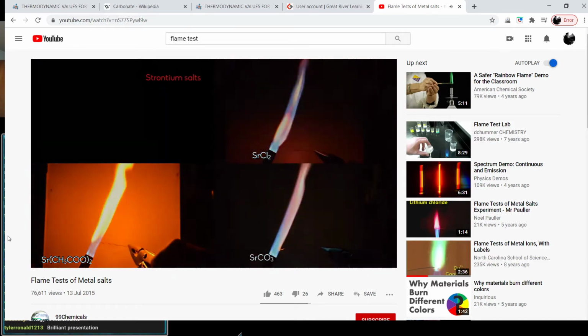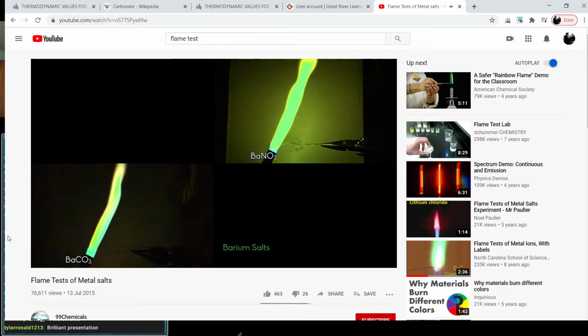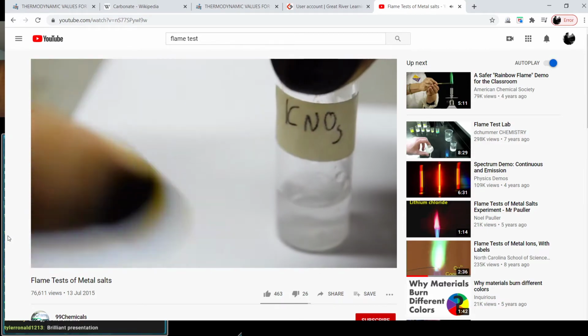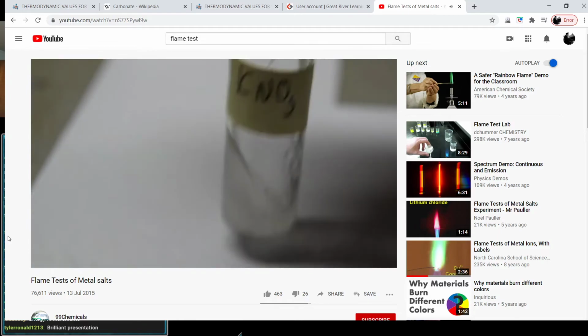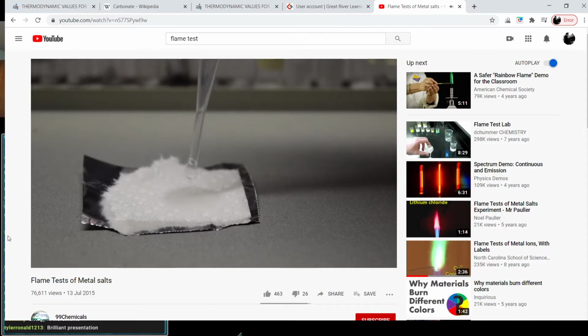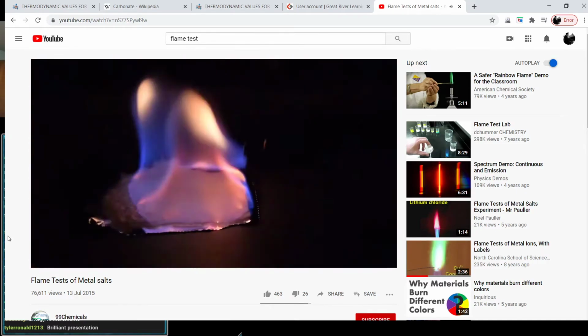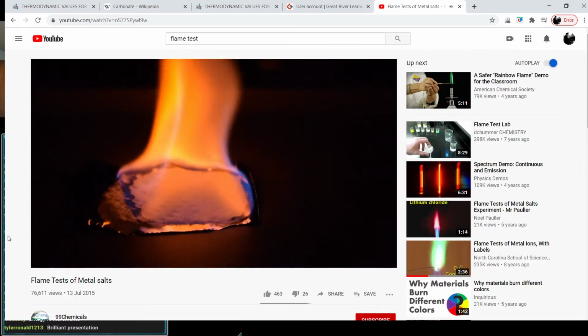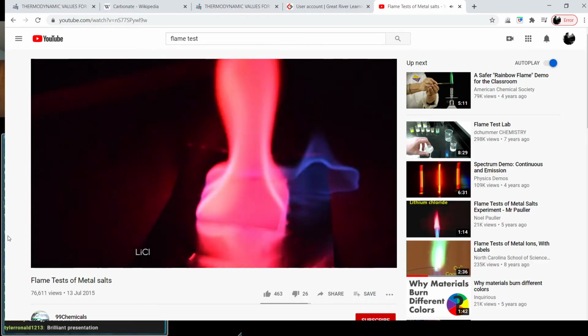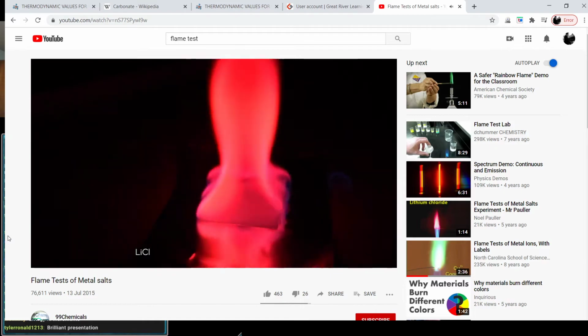Barium's green also. Okay, yeah, lithium's bright red.